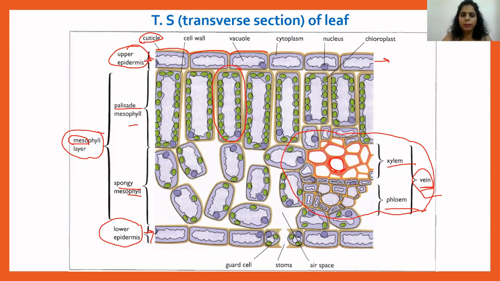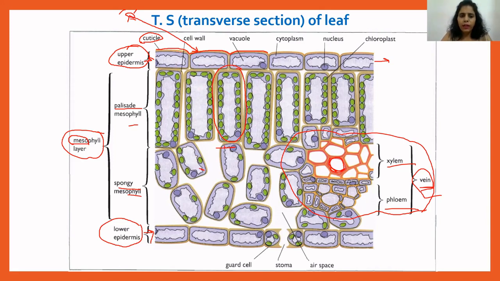There is another very important reason behind this absence of chloroplast in epidermal cells. For example, this is upper epidermis and the sun is present here, so the rays of the sun will fall on the upper epidermis. But the process of photosynthesis actually takes place in palisade mesophyll cells, and somewhat in spongy mesophyll cells.